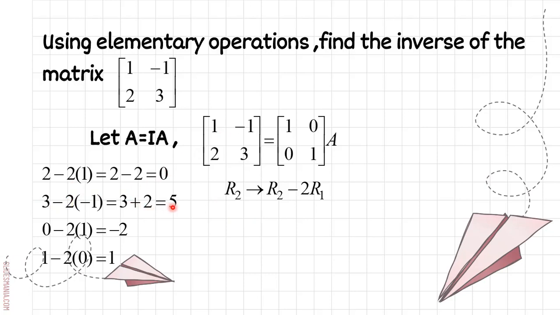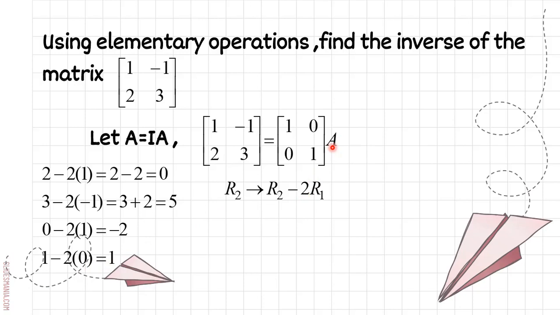The same kind of transformation takes place on the right hand side. R2 is 0 minus 2 times R1 which is 1, so this gives me minus 2. And here R2 is 1 minus 2 times R1 which is 0, so this gives me 1. I will keep A as it is.